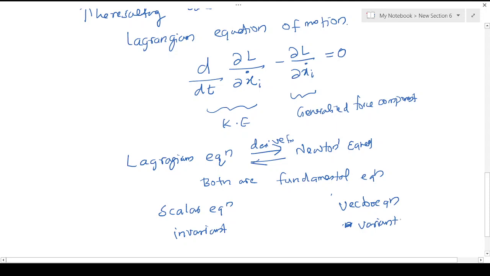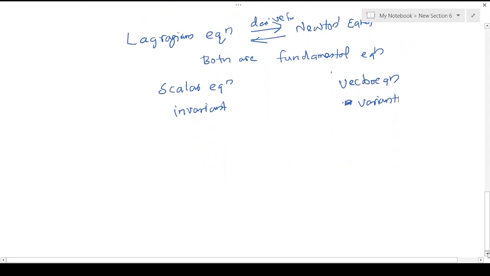That means if you take a moving frame of reference and an inertial frame of reference, this Newton equation will vary, but the Lagrangian equation will be constant, that means it will be invariant under any frame of reference. Okay, so that's why we will be mostly utilizing the Lagrangian equation of motion for the invariant condition case.